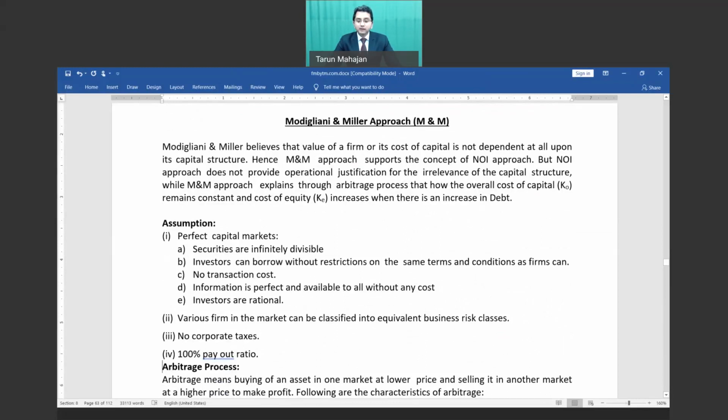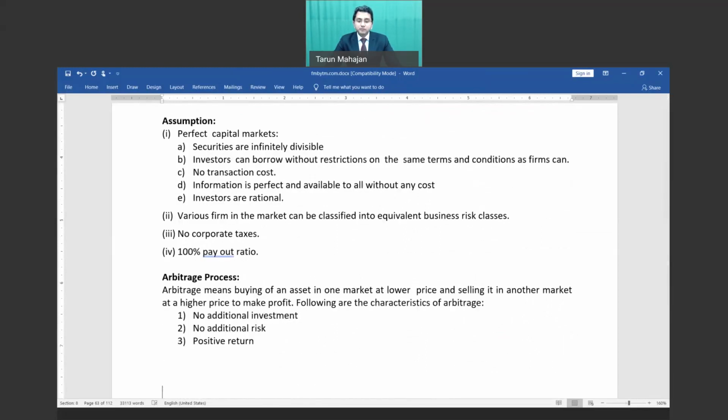So look here, I was telling you, Modigliani and Miller's conclusion is the same as the conclusion of NOI, but the way they are proving it is entirely different. Modigliani and Miller have used the arbitrage process. Now, what is arbitrage process?